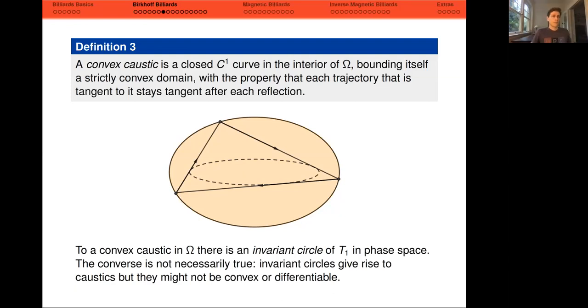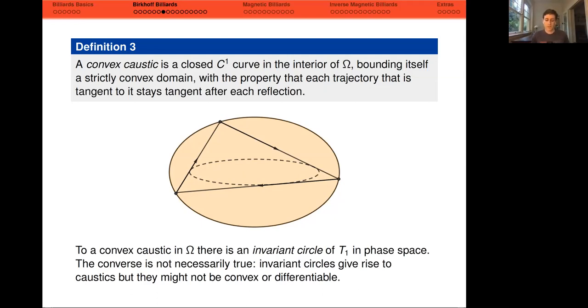All right, so these caustics, these curves such that if a trajectory is tangent to the curve, after reflection it remains tangent. This has a lot of applications in geometry.